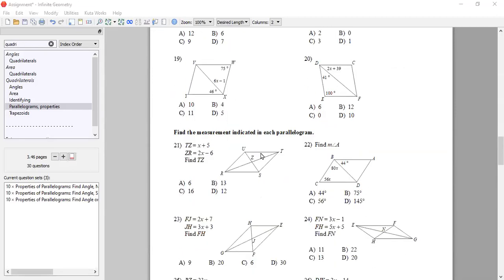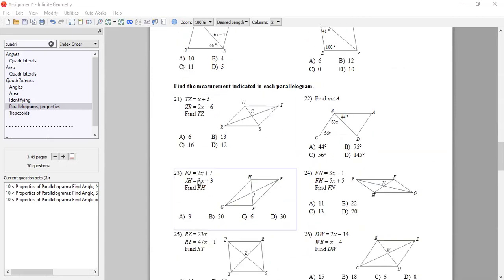Let's look at number 23. So we have FJ is 2x plus 7. That's this segment right here.